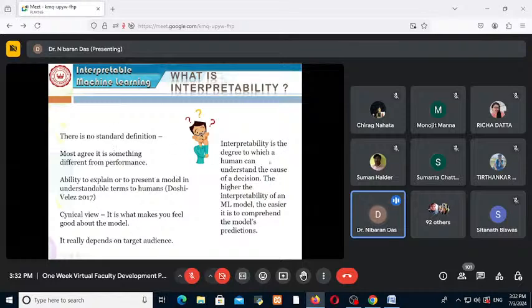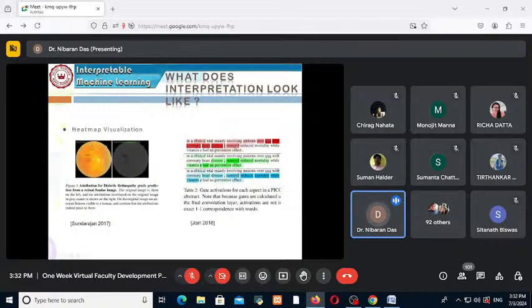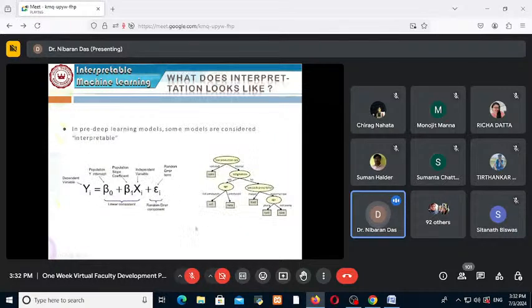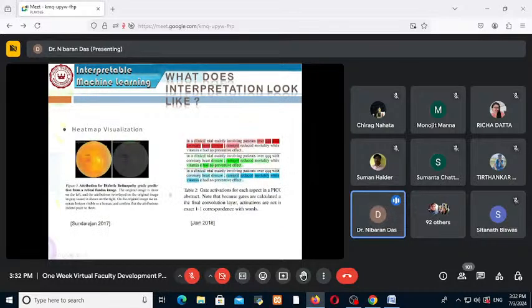So we have already discussed that there is no standard definition of interpretability, and these are the ways, like the equation of a particular logistic regression or decision tree. We could explain an image to its targeted class, especially for diabetic retinopathy based on the grade.